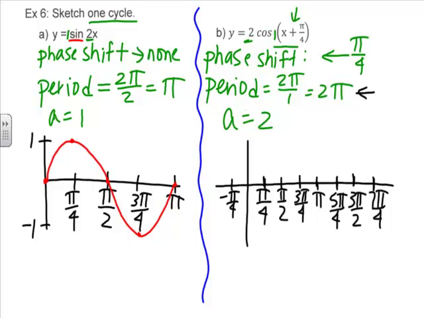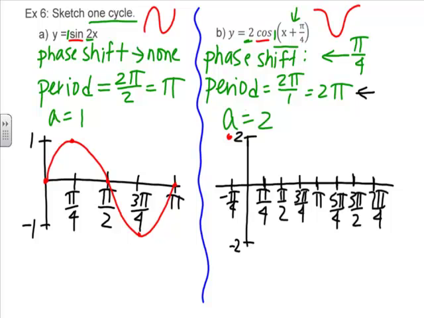Okay, now since this guy has an amplitude of 2, and I'm controlling this graph, I'm just going to go ahead and label this 2 and this -2. And then I got a little more to think about, and that is that this thing is cosine. And cosine has a different shape. Remember, cosine basically does one of these, while sine does one of those. So I'm going to start over here at -pi/4 and put a point.